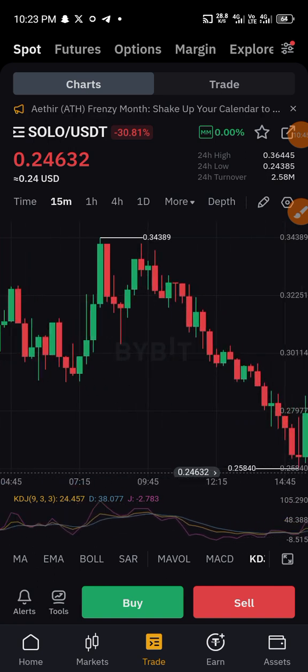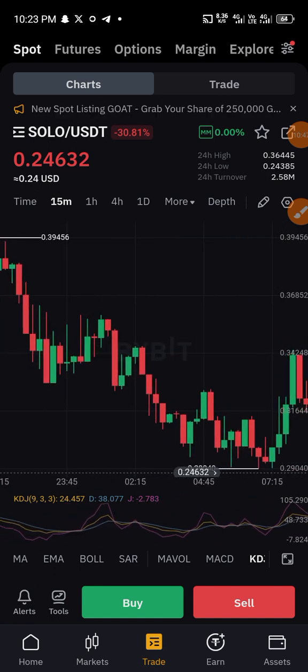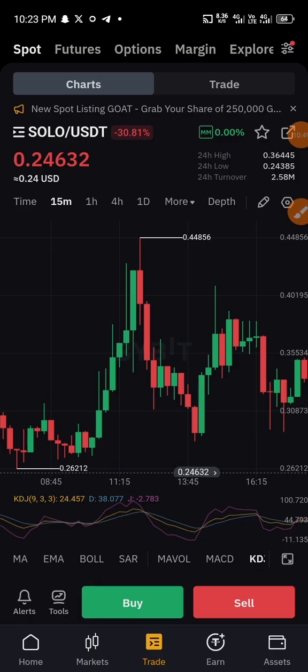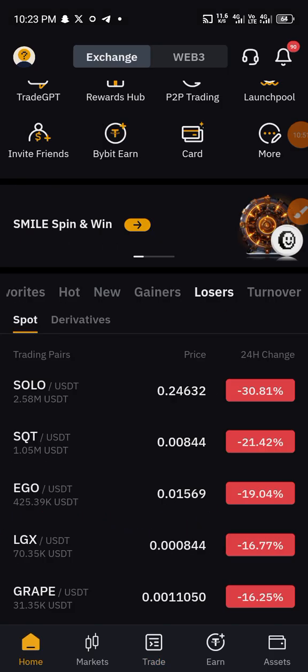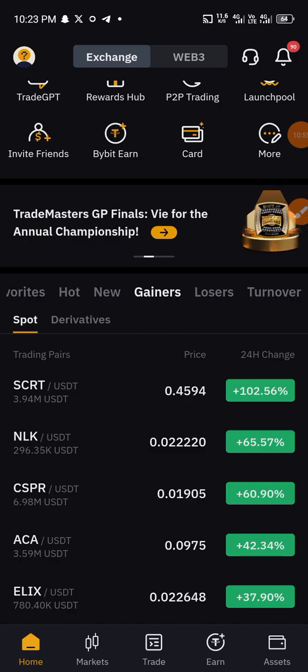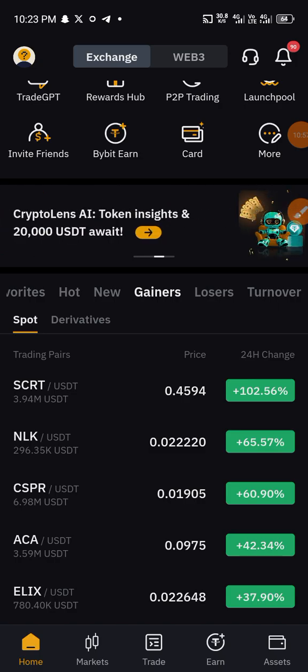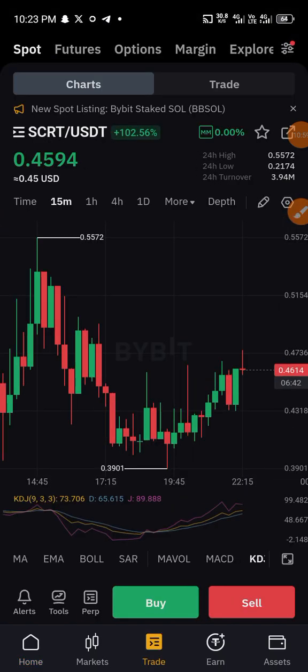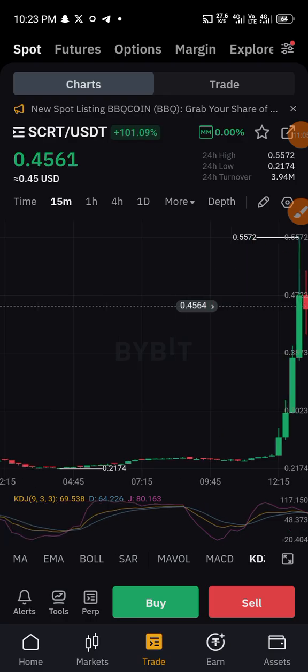The best place you can be and scalp is at the gainers, because those gainers are having a very strong momentum yet, and they are seriously gearing up. You can see this one is adding another positivity, it's adding a lot of positivities. So you watch carefully and see its ups and downs. How has it been doing?